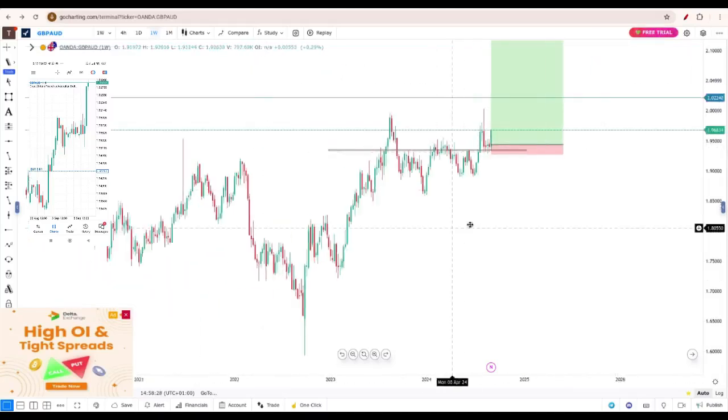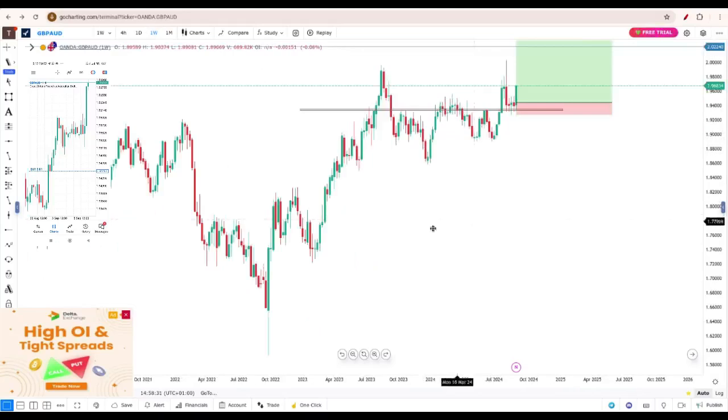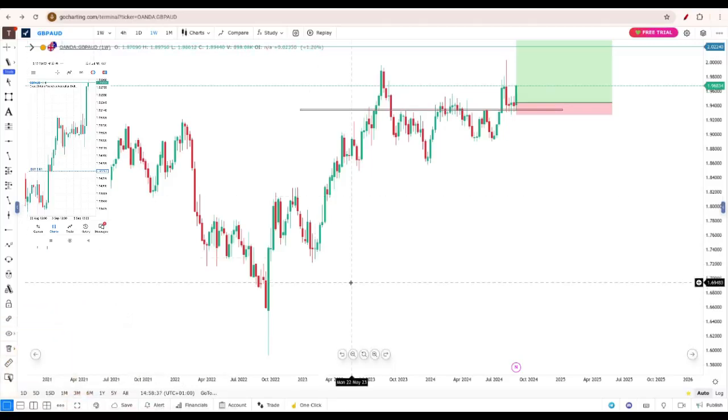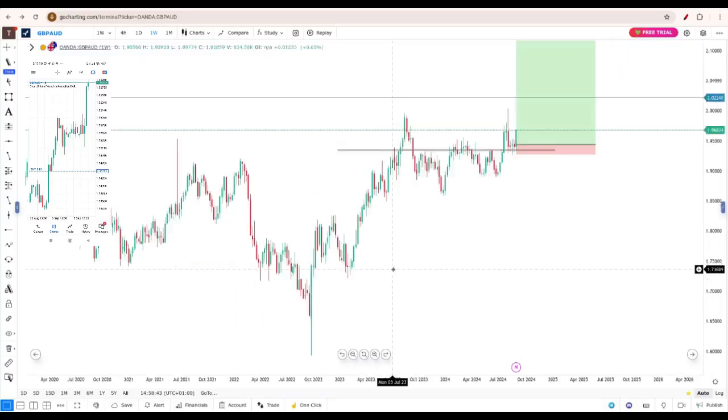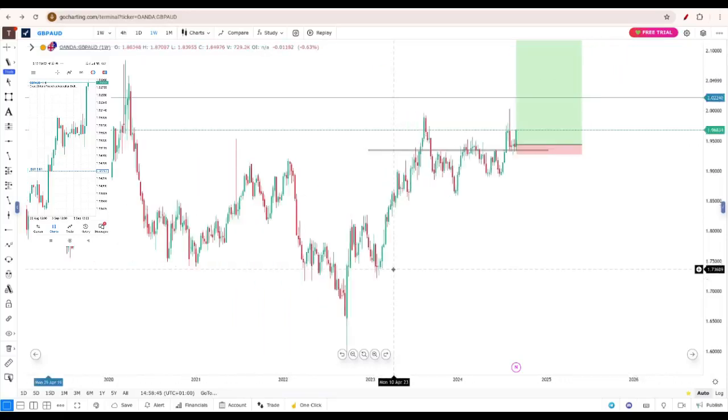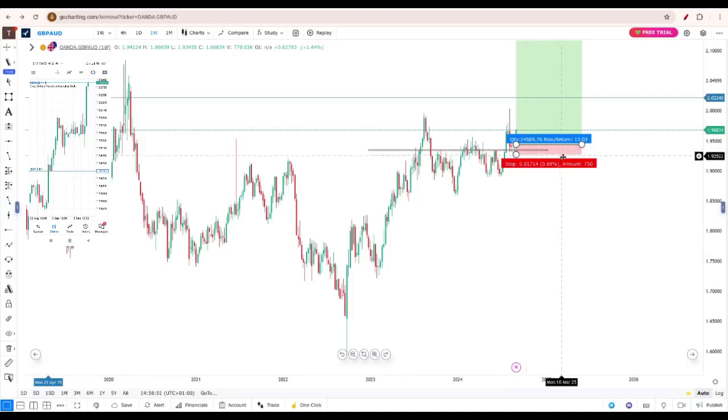Just know that this approach is very, very peace loving. Let me put it that way. You don't have to stress yourself so much checking your system every day, every minute, every hour. You trade with peace of mind, and you are also risking minimal. On this trade now, I'm risking 2%.